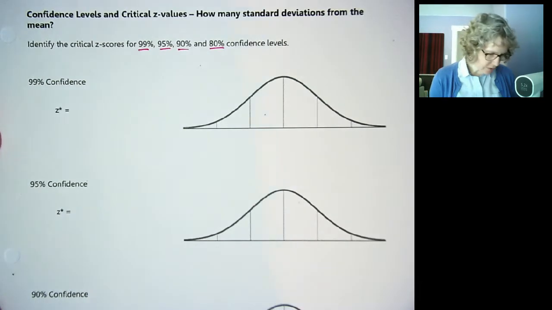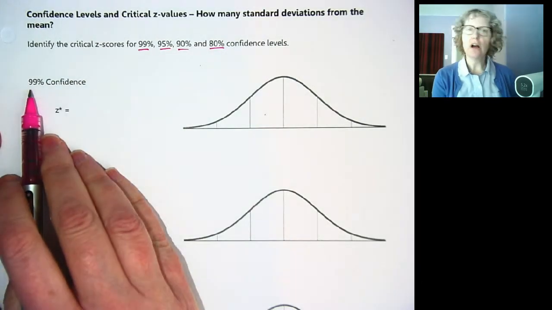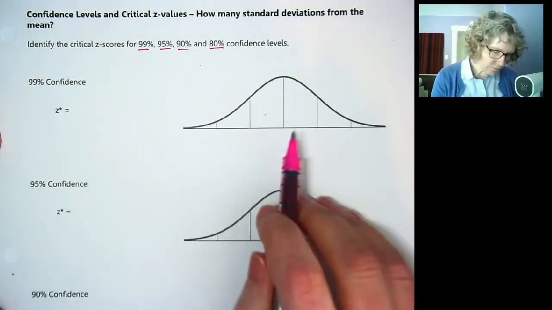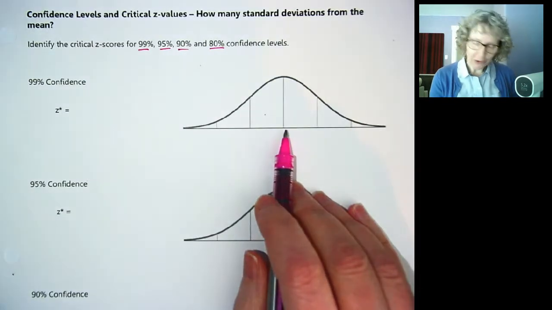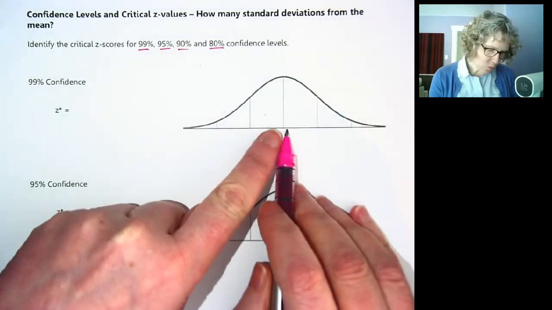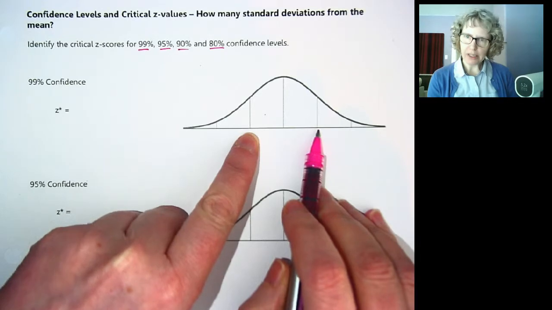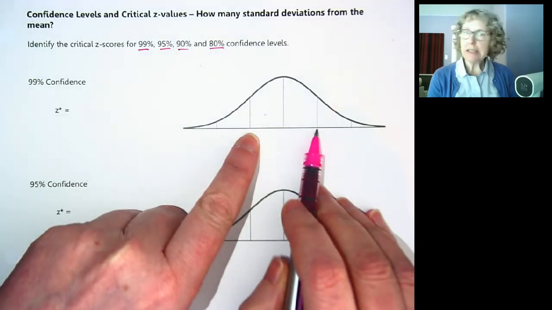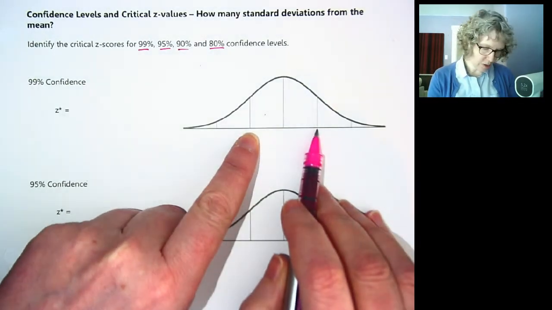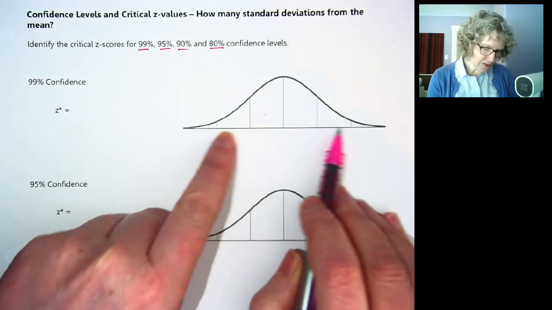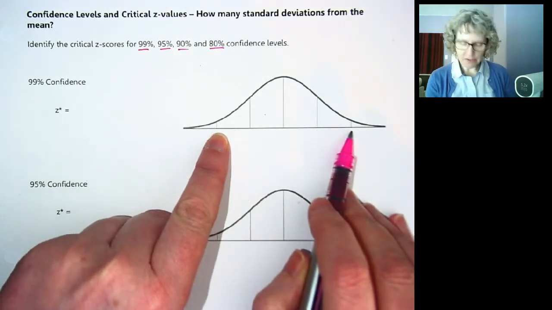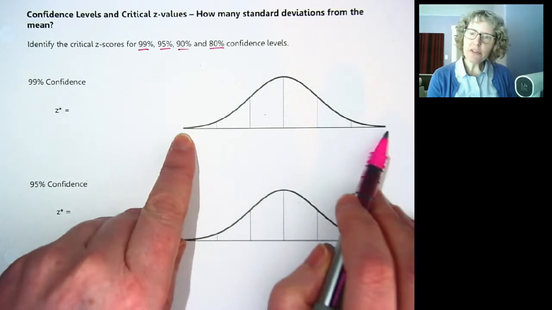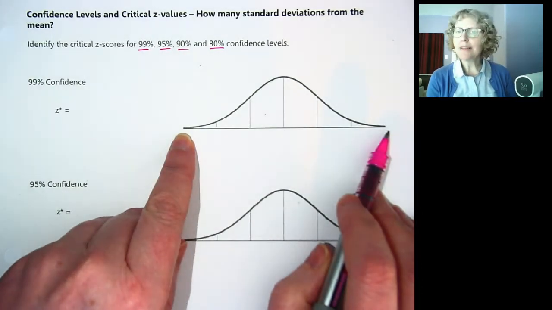Okay, so let's look at 99% confidence first. You know from the empirical rule that if we go 1 standard deviation away from the mean, that is 68% of the probability. If we go 2 standard deviations out, that's 95%, and 3 standard deviations out is 99.7%.